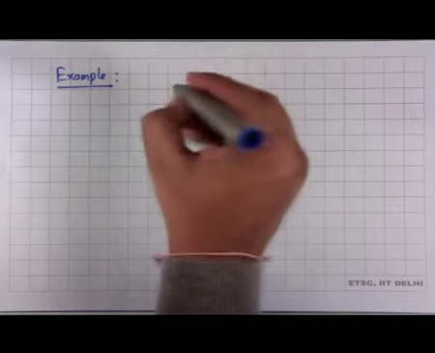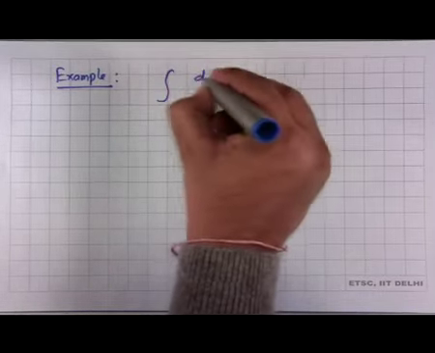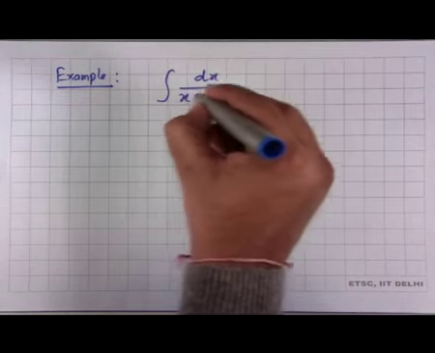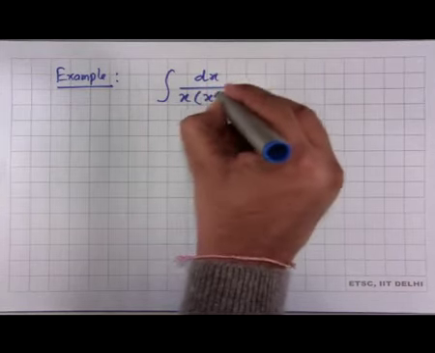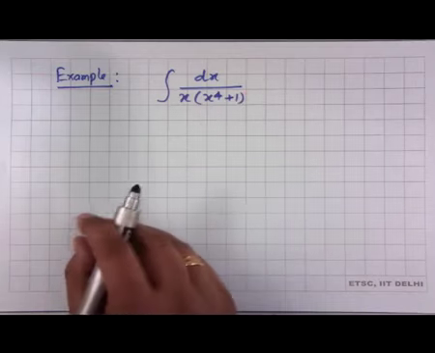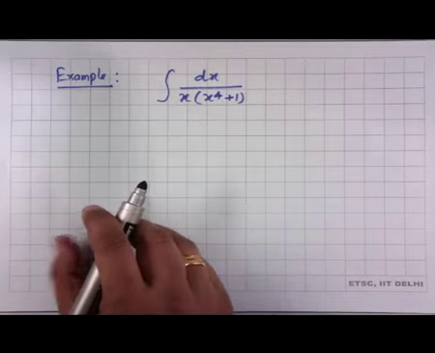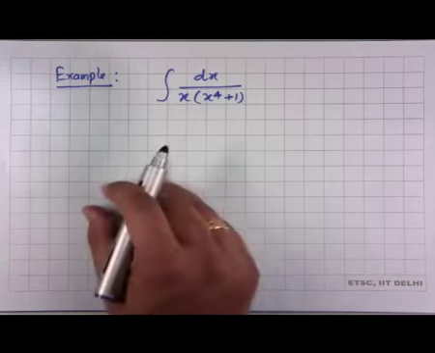Suppose that we want to integrate the function dx over x into (x raised to power 4 plus 1). So, this does not fall into any of the forms which we have discussed so far.